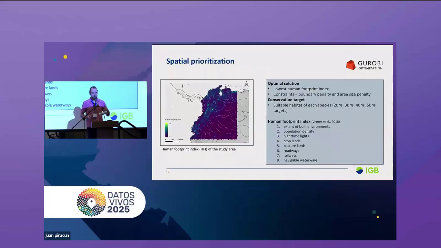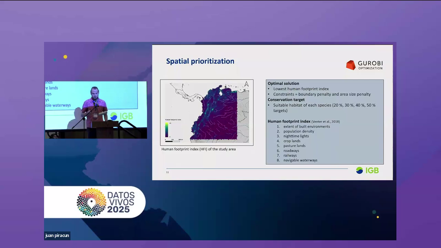And using this, I also added some socioeconomic variables. I used the human footprint index for the spatial prioritization, and I used a minimum cost optimization. So the question was, for each species, conserve, for example, 30% of its suitable habitat, which I got from the species distribution modeling, and find the subcatchments with the lowest human footprint index.